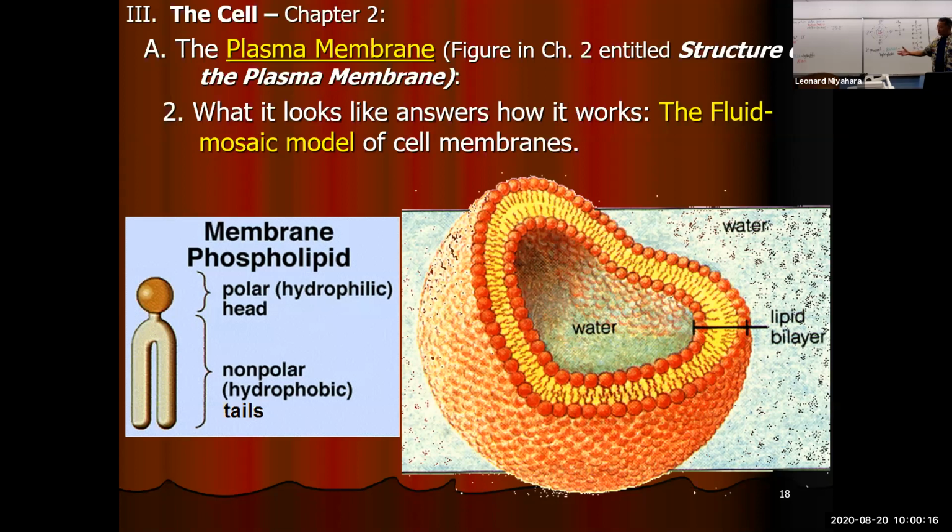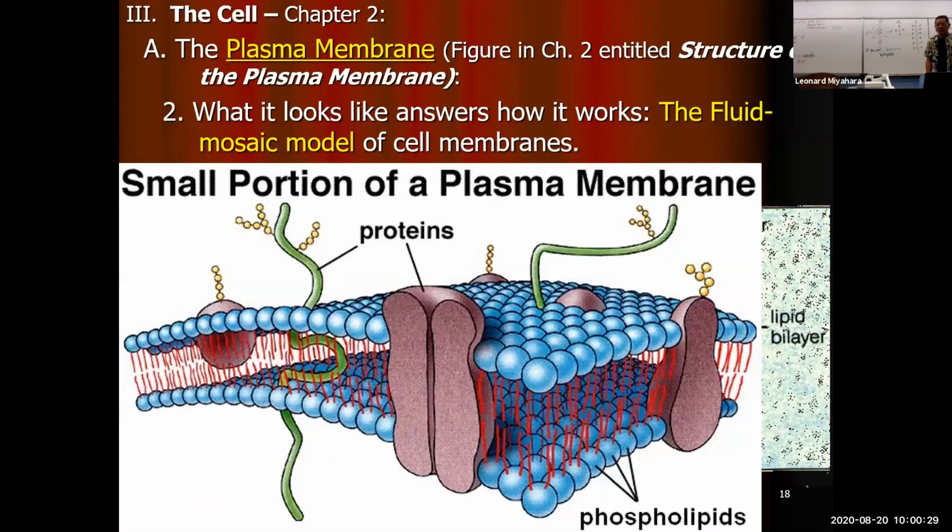Now, the reason why I had to cover all of that is so that you know why those heads want to be against the water and why those tails want to get away from the water. So if you look at any model plasma membrane, it will look like this, dominated by the phospholipid bilayer.